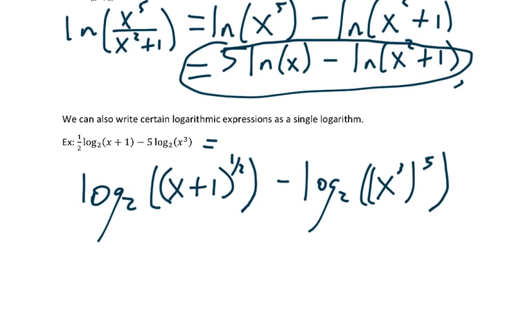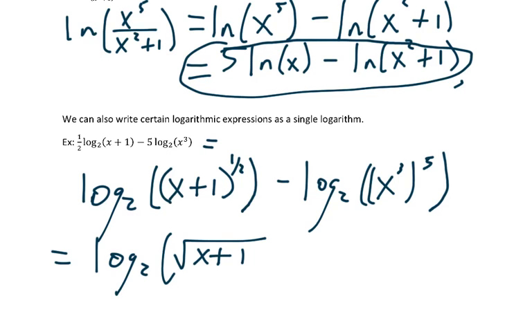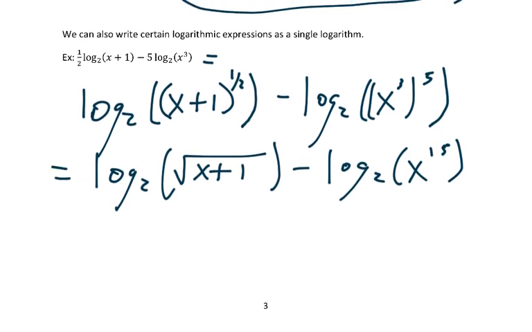Now here we can actually use the laws of logarithms and rewrite that like so. The first term raised to the 1/2, that's the square root, as you can see, minus log base 2 of x to the 3 times 5, which is 15.